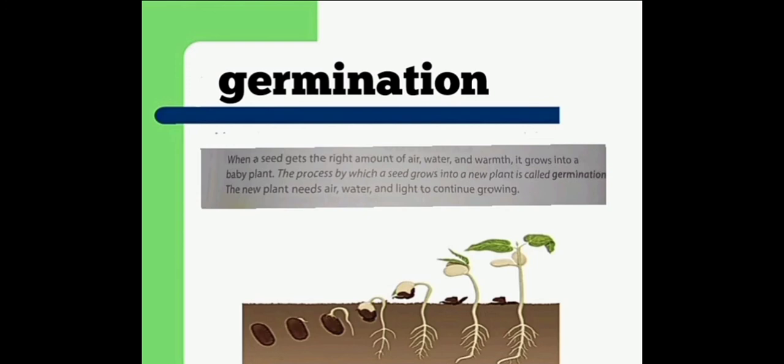The new plants need air, water and light to continue growing. So when you plant a seed, what happens? From the seed, slowly the sprouts come out and then it starts growing into a small plant and then into a big plant. This is how the process of germination happens here.